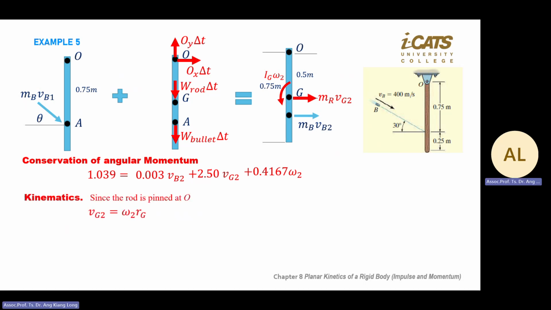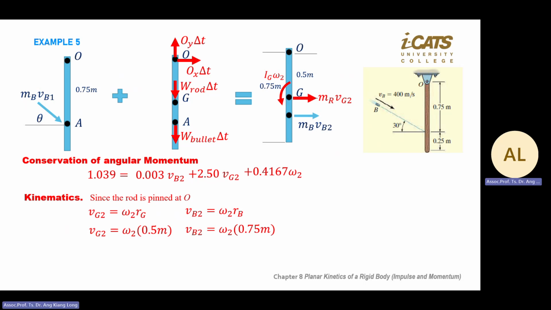And because it's pinned at O, you can convert your V equal to omega r. You can convert your V into omega terms. Okay, you substitute there. So for G, V2 is omega 2 times 0.5. V for the bullet is omega 2 times 0.75.